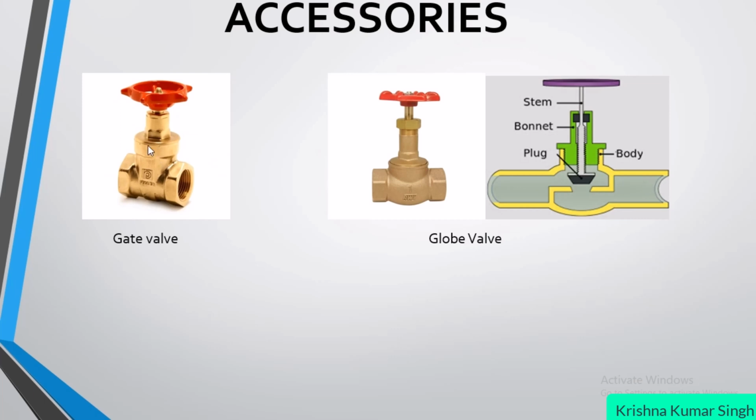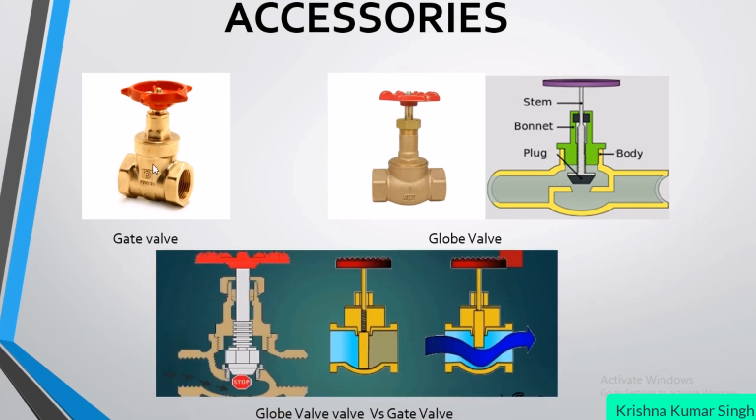But a gate valve is only used for the fully open condition and the fully closed condition. Why? I have shown another image over here. This is a globe valve, and here two images are for a gate valve. When you close the gate valve, it fully stops the incoming fluid, right?